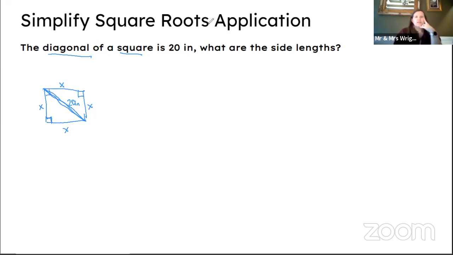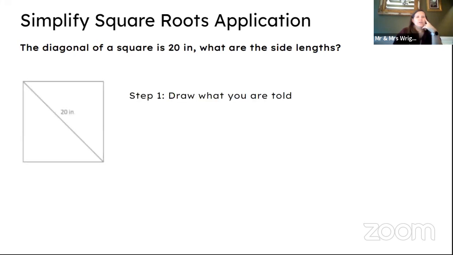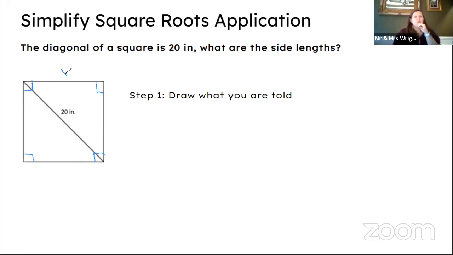You know what? I've got a better looking square for you here. There you go. I know that squares all have right angles in them, right? We remember that. We know all the sides are congruent. Now, I knew that this diagonal cut it into two equal, exactly the same, congruent triangles.